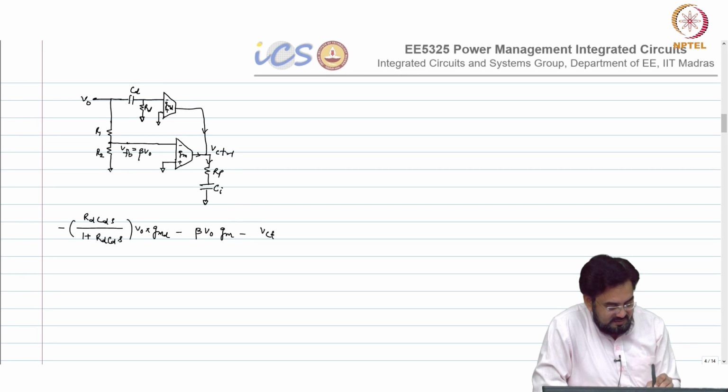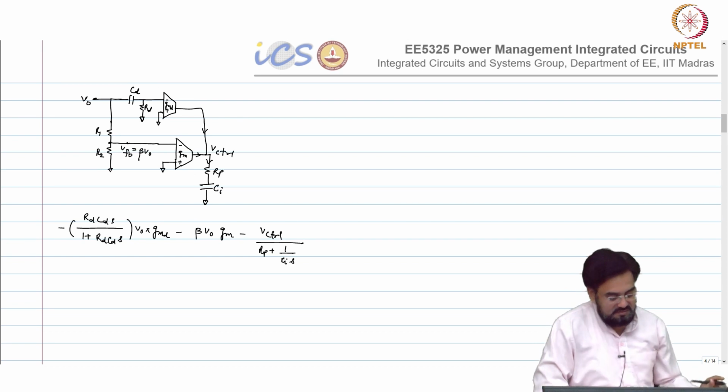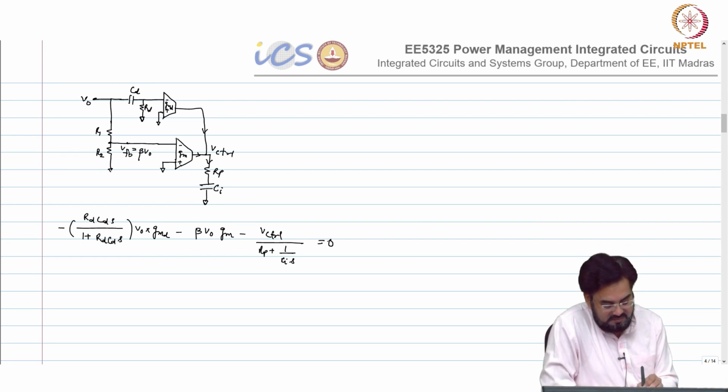So VCTRL divided by (RP plus 1 over CIS) equal to 0.